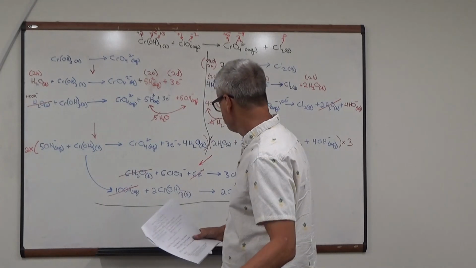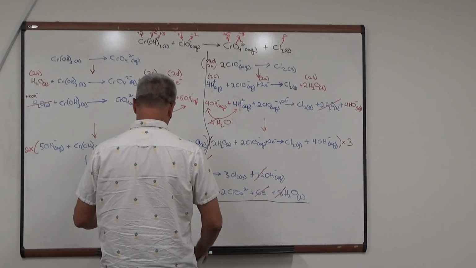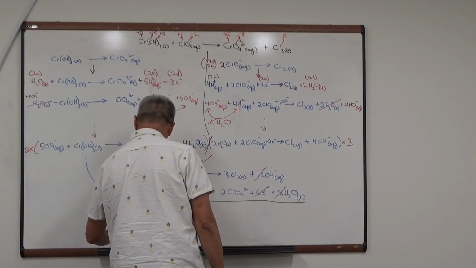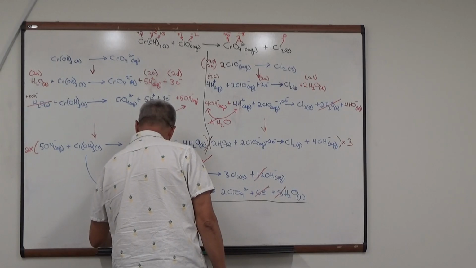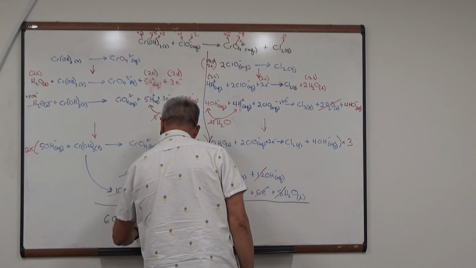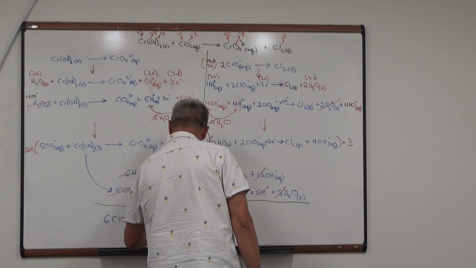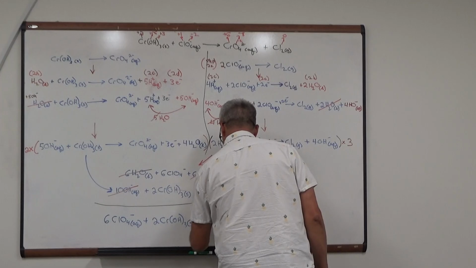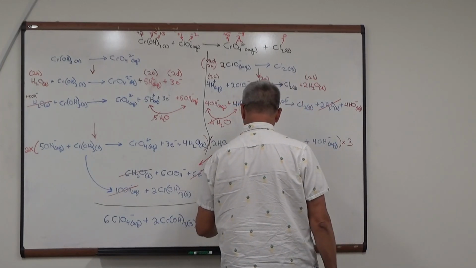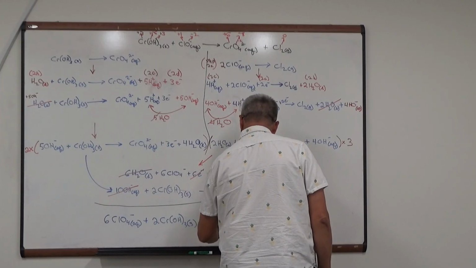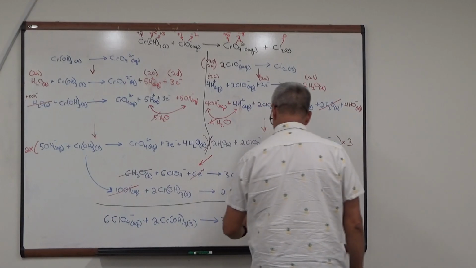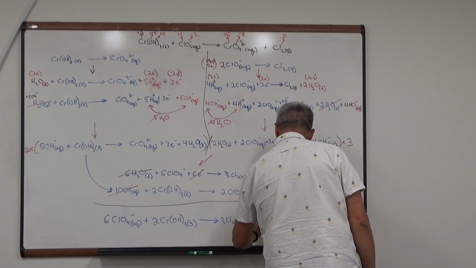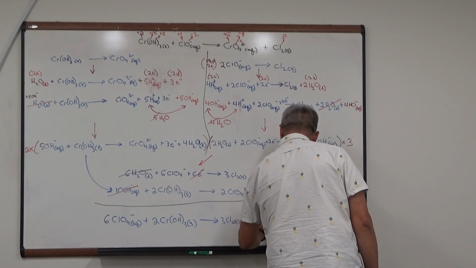Okay, so what we should have is 6 hypochlorites, okay, plus 2 chromium hydroxides, okay, and that's going to go to 3 chlorine gas plus 2 chromates, okay.